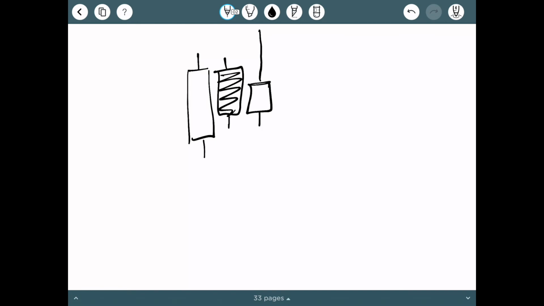Now what you can do is either you can enter here and put your stop loss here, or if you think that the market will probably come back here a little bit, you can enter in the middle of this pin bar, about 50% or 30%, and put your stop loss here. This is a more advanced entry.